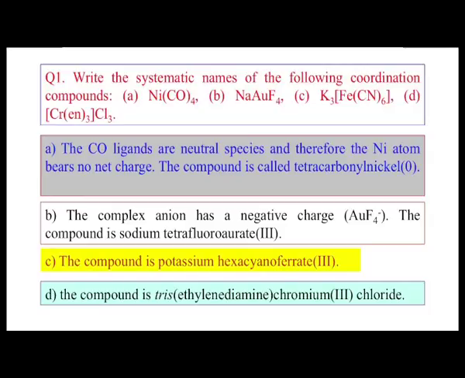Tetrafluoro, and from gold we get aurate: aurate(III). Sometimes we also find aurate(I), meaning the gold ion is present in the monovalent oxidation state. It is like our tetrafluoroborate, which we all know well: BF4 minus, similarly AuF4 minus, which is tetrafluoroaurate.